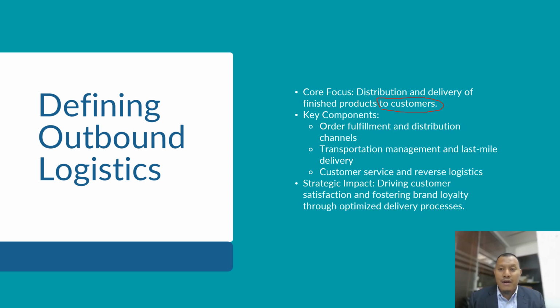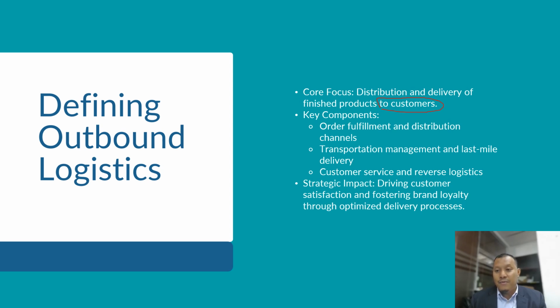Then we're talking about customer service and reverse logistics. Reverse logistics is when the customer needs to return the product to us. The strategic impact of it is driving customer satisfaction and fostering brand loyalty through optimized delivery processes.